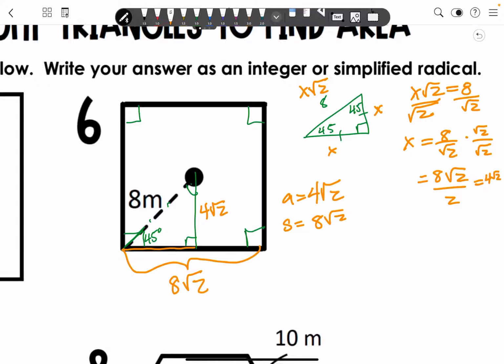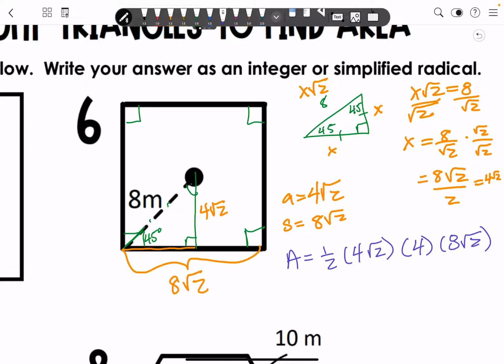Now, all you do is plug it into your equation. 1/2 times my apothem times the number of sides times my side length. We want to keep it as an exact answer, so we're just going to work with the integers outside.